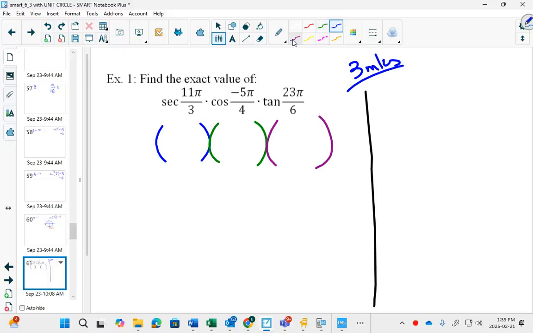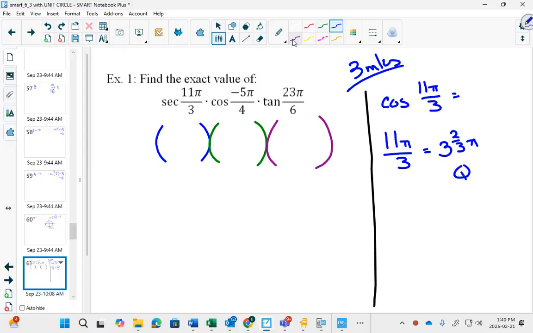I'll start by figuring out the blue one. If I want to find secant of 11 pi over 3, I need to find cos of 11 pi over 3. 11 pi over 3 happens to be 3 2/3 pi as a mixed fraction.